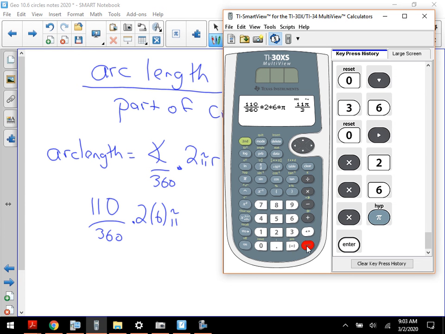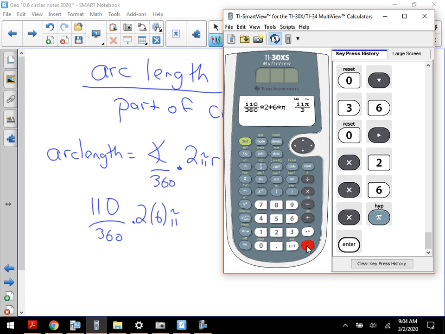Now again, remember, guys, this arc length stuff is a little weird. There are 3 different ways this can be written out. Arc length was the angle over 360 times 2 pi r. That's circumference, isn't it?